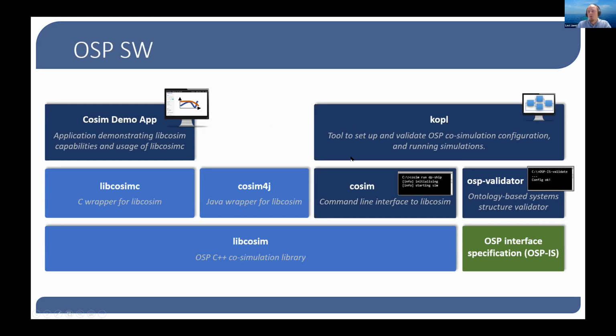The dark blue boxes are the applications that you have seen demonstrated today. As the Cosim demo application and the command line application are open source, they are prime examples of how to use libcosim C and libcosim. The configuration tool Couple uses Cosim for running simulations, and the OSP validator to validate the configuration.